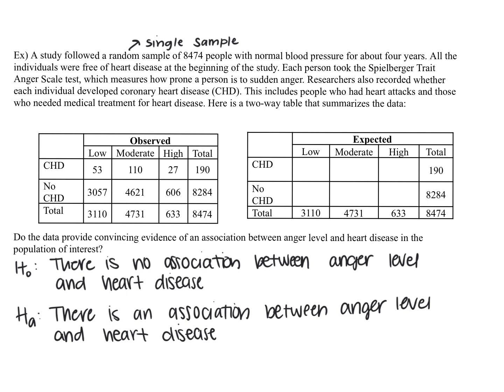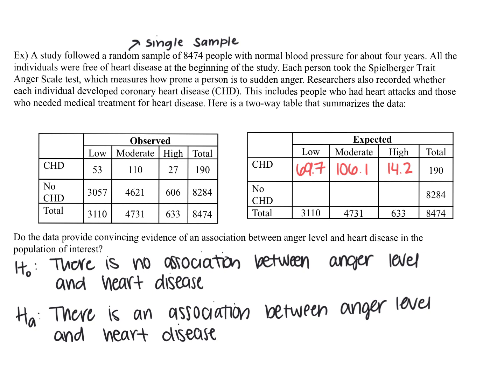So for the expected blood pressure level of low, we take 190 times 310, and then we'll divide by 8474 for the CHD row, and we'll get 69.7. For moderate, we do 190 times 4,731, and then we'll divide by 8474, and we get 106.1. And then for high, 190 times 633 divided by 8474, which is 14.2.